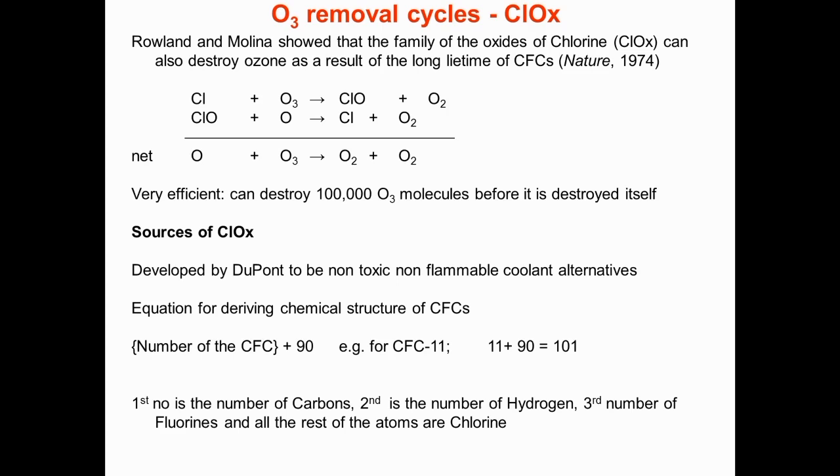And then it was postulated in 1974 that some really, really successful chemical compounds that were just made by anthropogenic sources, so they weren't natural. There were no CFCs before humans made them.